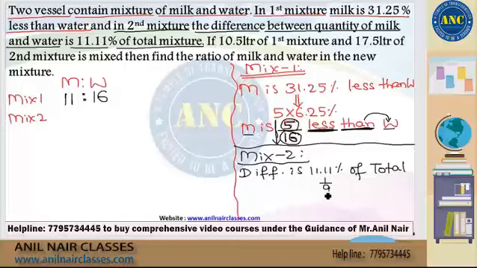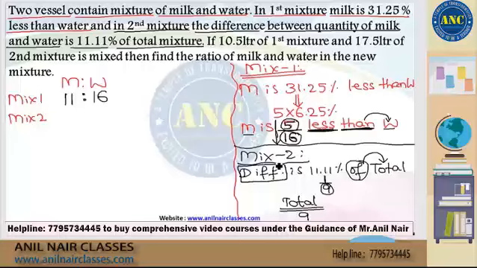The meaning of 1 by 9 is, denominator, whatever is coming after "of", should come in the denominator. So total represents 9. Totally 9 liters of mixture is present. "Of" is direct comparison. That means the numerator will represent the other parameter. The other parameter in this question is nothing but the difference between milk and water.